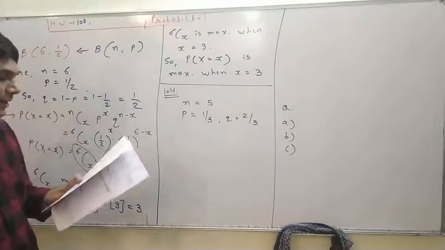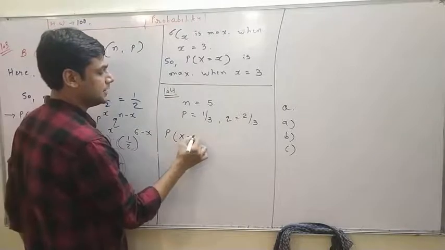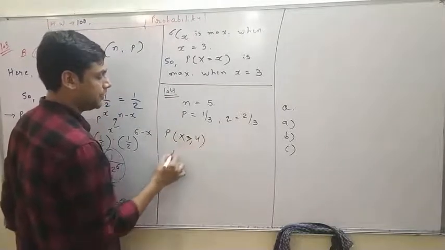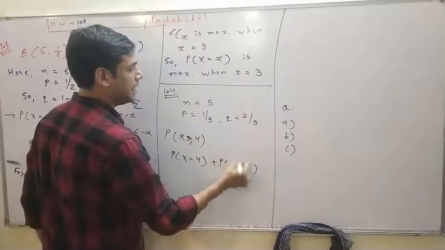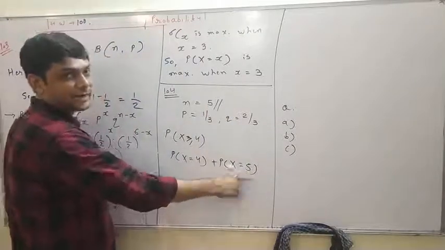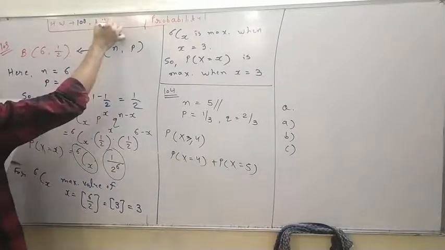Okay, and you have to find the probability of 4 or more correct answers, means P(X) greater than or equal to 4, so X is equal to 4 or X is equal to 5, and n 5 છે એટલે X maximum 5 સુધી possible થાય. So this you have to find in homework, question 104.